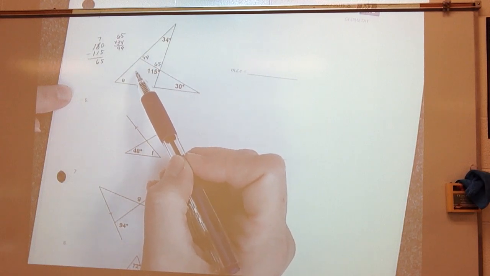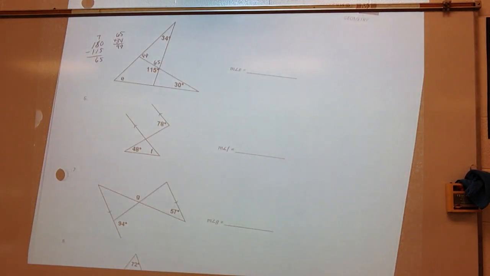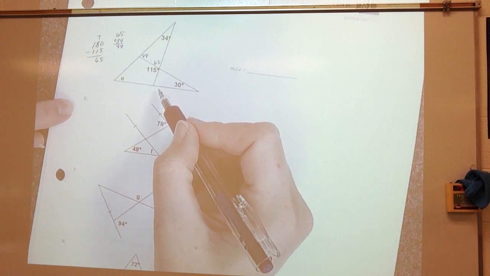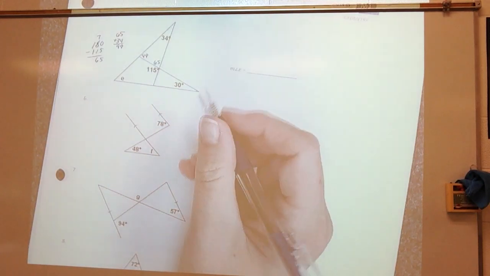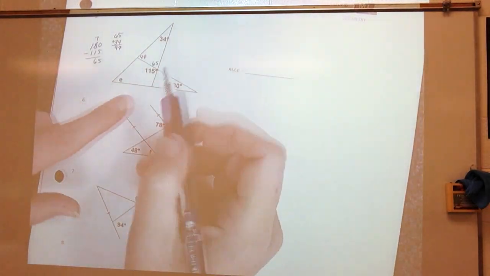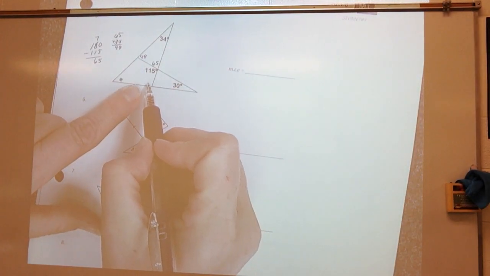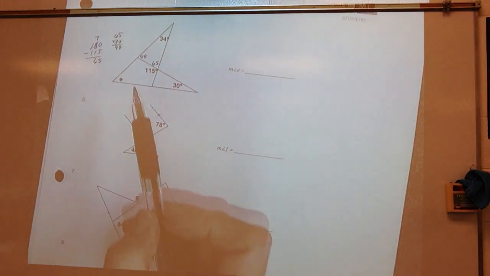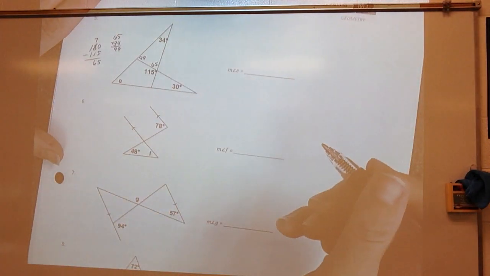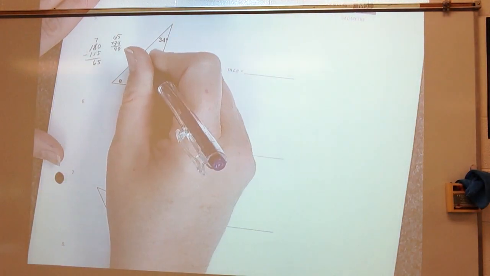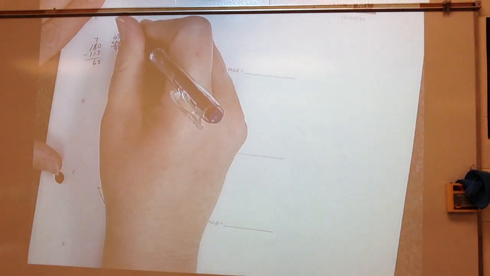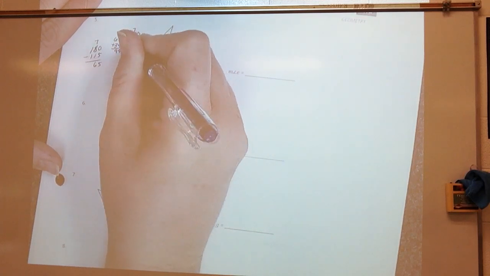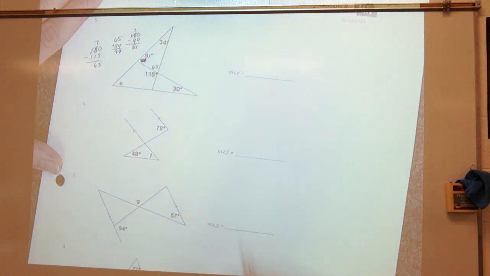So that means that, I just completely lost my train of thought. Sorry, guys. I can find this measure here. How do I do that? Oh, no, I'm sorry, that's not right. That's 99. I told you I lost my train of thought here. So that would be 81 degrees. Okay?